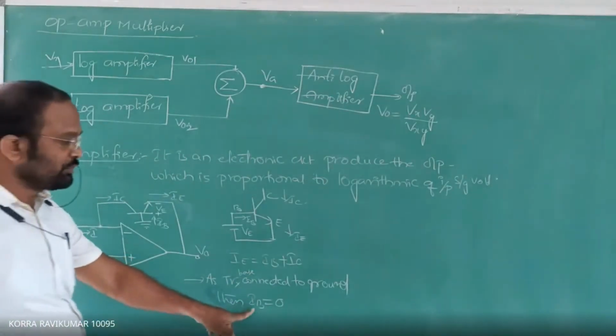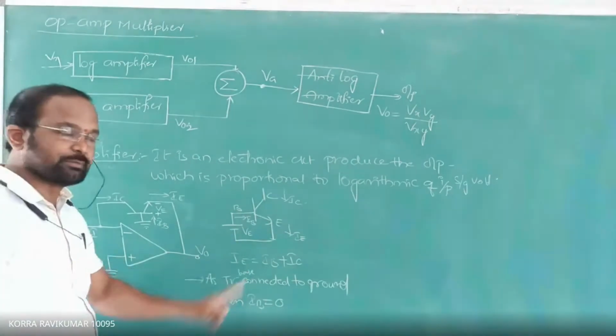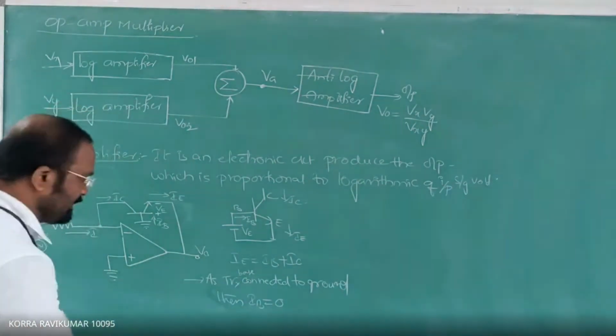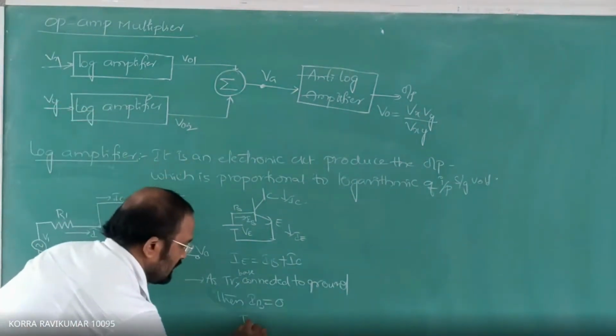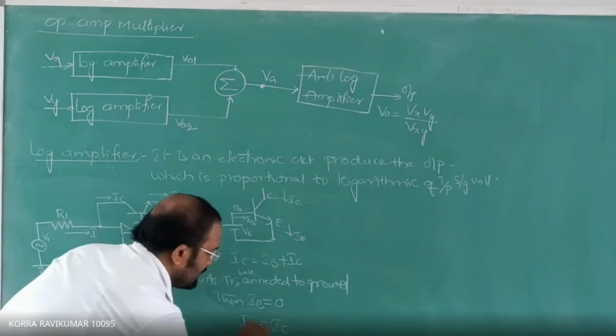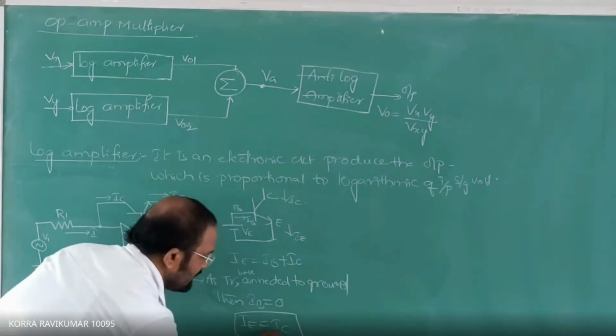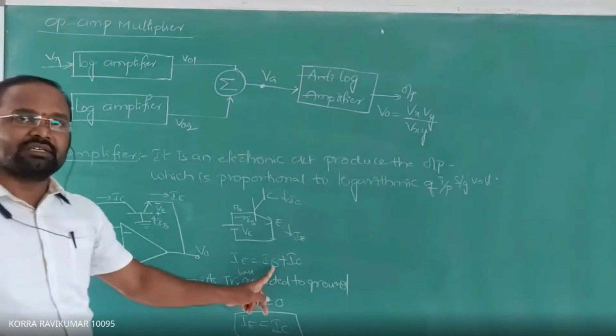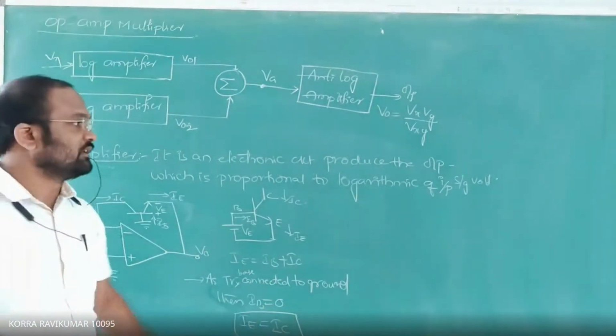If you substitute base current equal to 0 in this expression, then IE becomes equal to IC, because IB is 0 here.